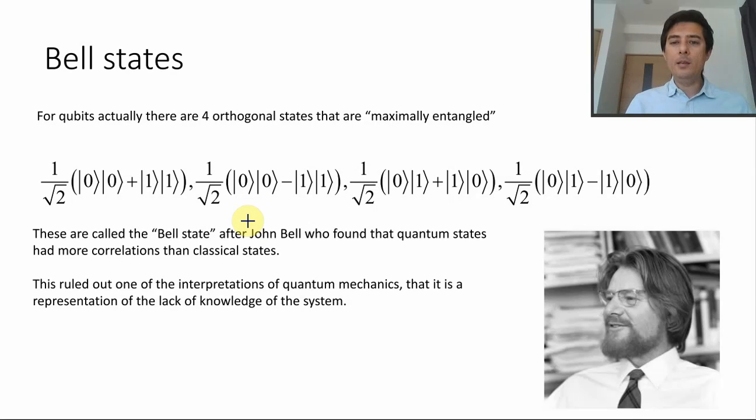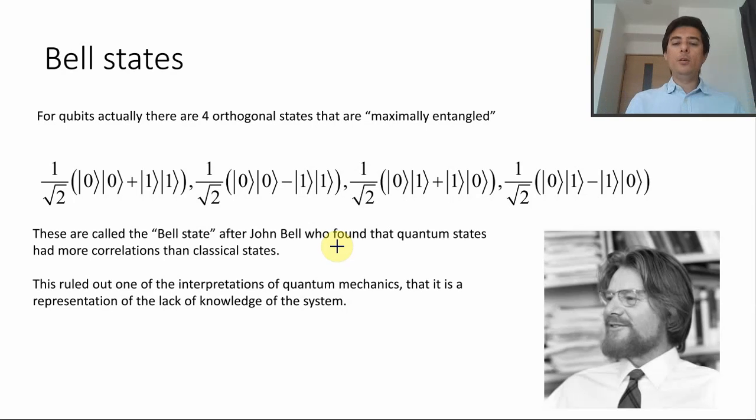And these states are actually named after a guy called John Bell, and he used these states to show that one of the interpretations of quantum mechanics, which is that the quantum state represents a lack of knowledge of the system, can actually be testably falsified.